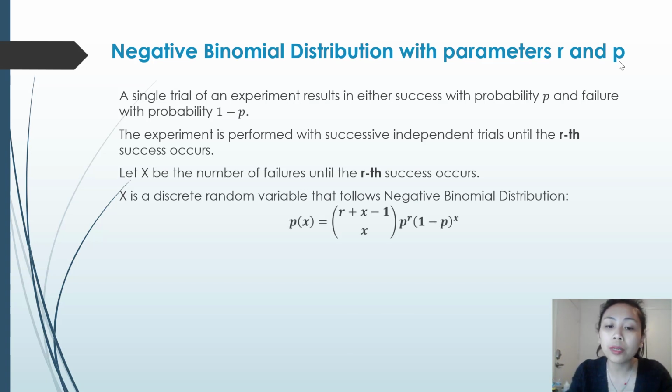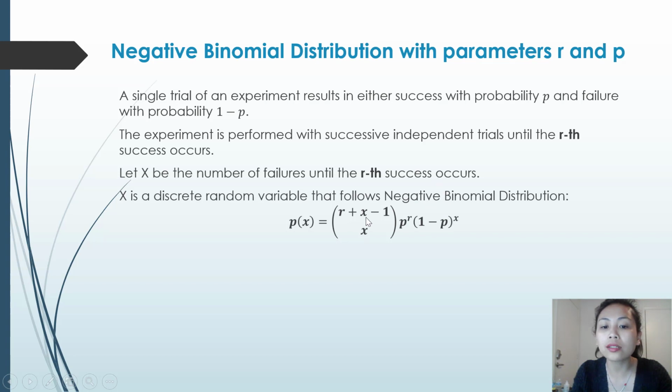So x here is the discrete random variable that follows negative binomial distribution. And the probability function is p of x equals (r plus x minus 1) choose x, p to the r, (1 minus p) to the x, because x is the number of failures. So until we have r successes, first we have x failures, and r plus x minus 1 successes, and then the last one is a success.